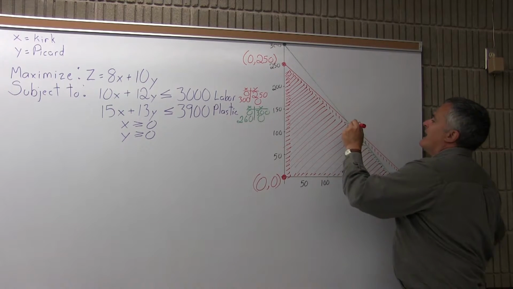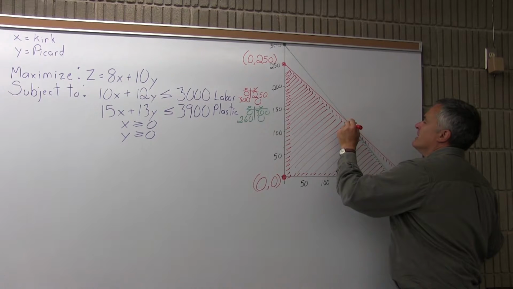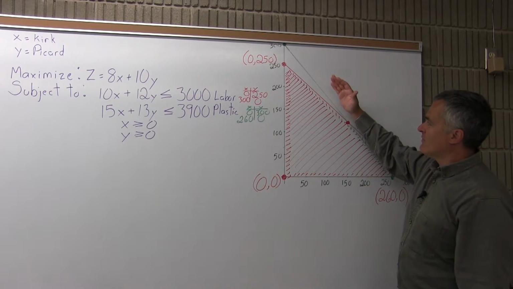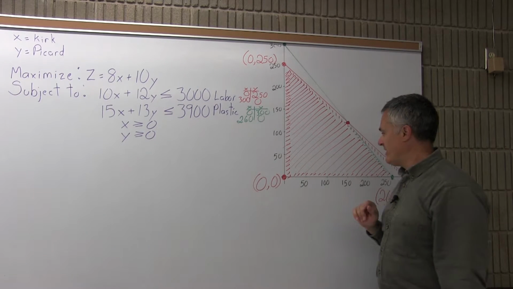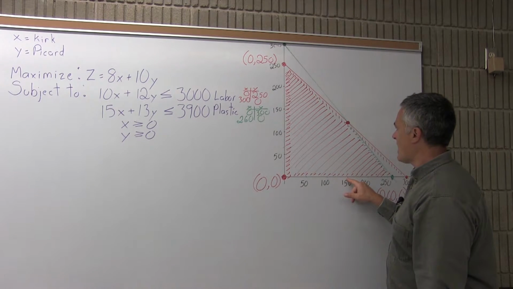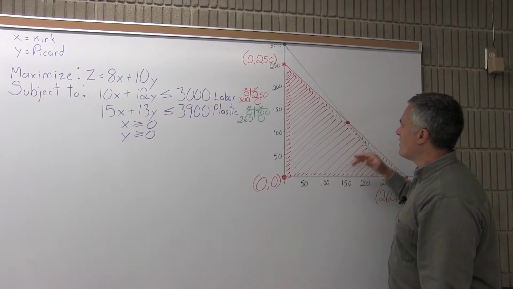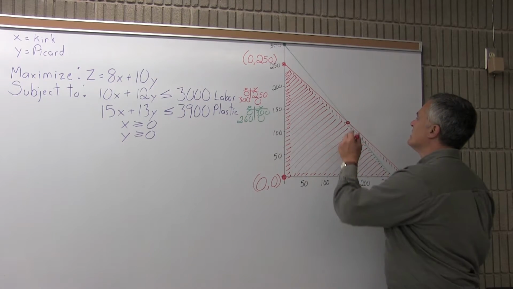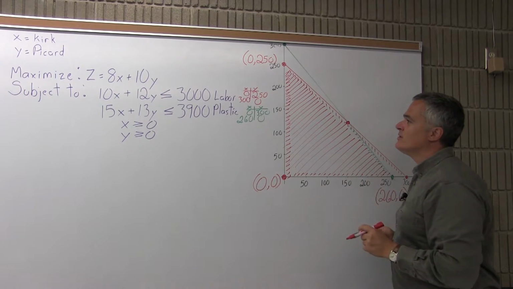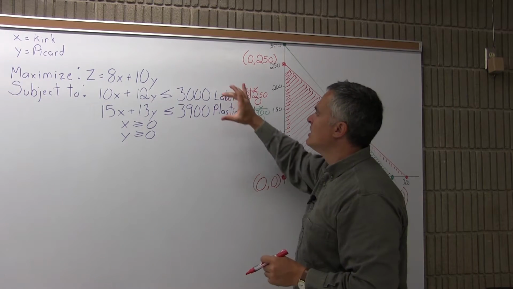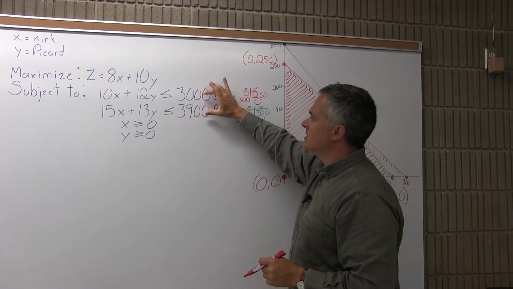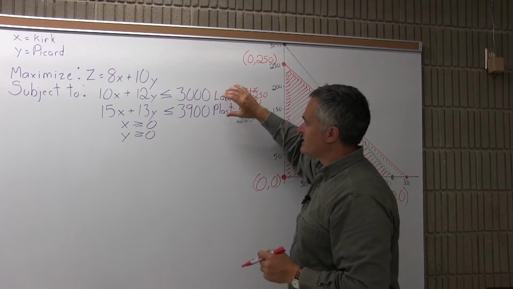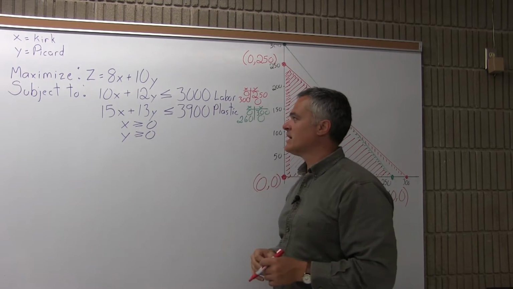And now there's a corner point where the red line for labor and the green line for plastic intersect. That's not that easy to read off the graph. It looks like it's over 150, up maybe 125, but to really figure it out, I need to solve these as equations simultaneously. Take my constraint for labor, take my constraint for plastic, write each as an equation, and solve simultaneously.